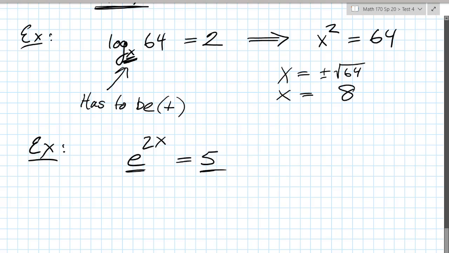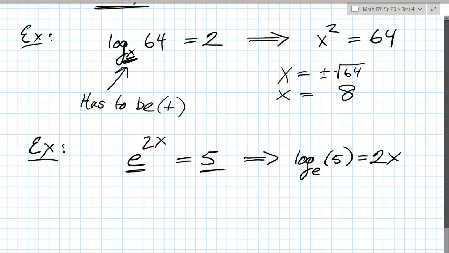I don't see any way that I can get 5 to look like e to a power. So I'm going to change this from exponential form to logarithmic form. This becomes log base e of 5 is 2x.